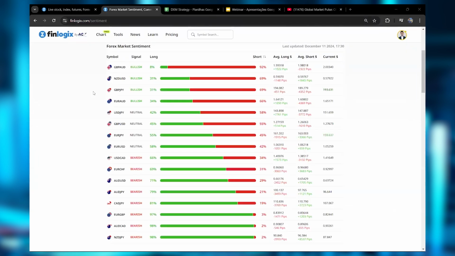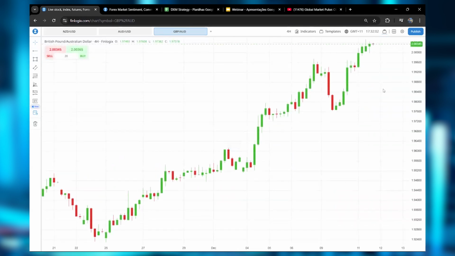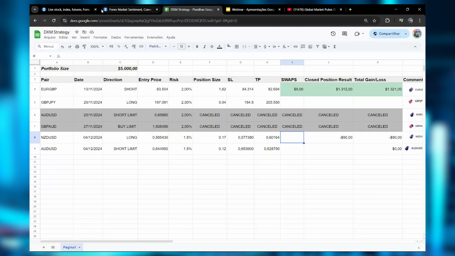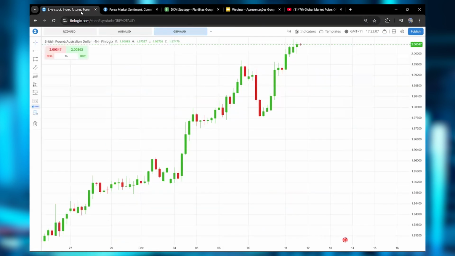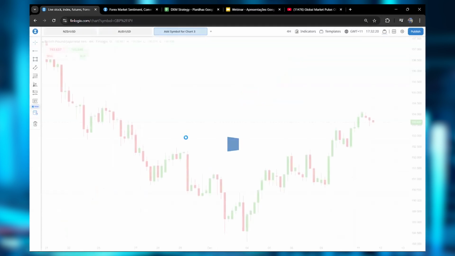Okay. So moving on. GBP AUD, bullish, but it feels like we've run the trade a lot already. So it's not a good idea to do that. Next one, NZDUSD already know, GBPJPY bullish. Let's check it.